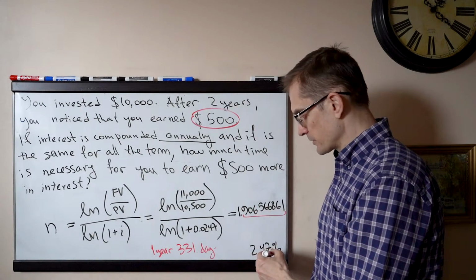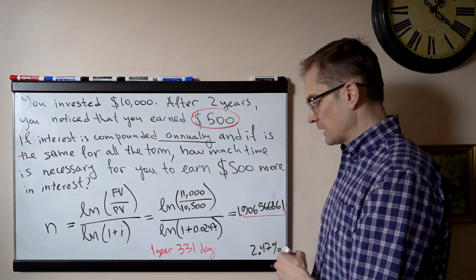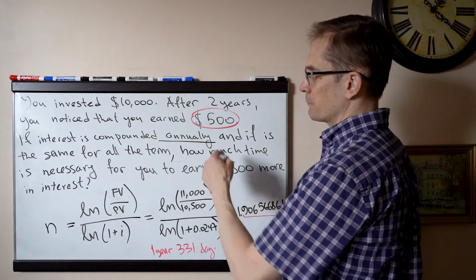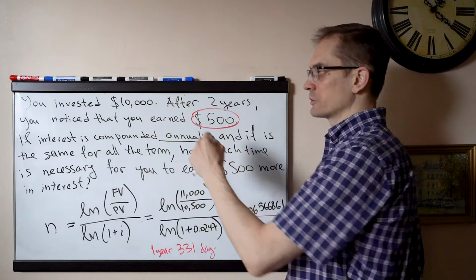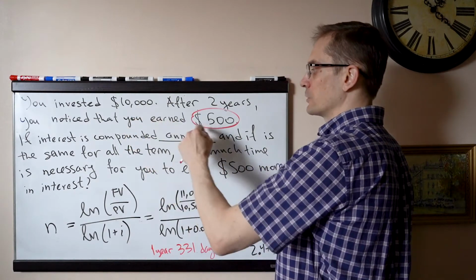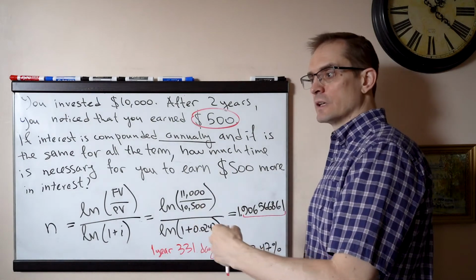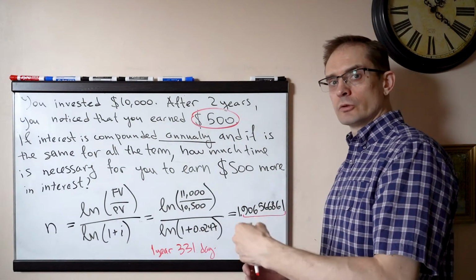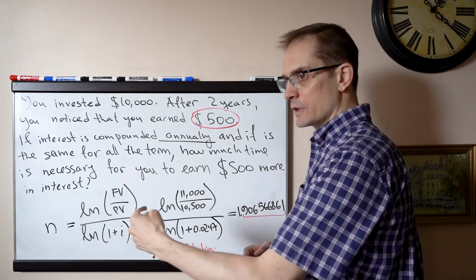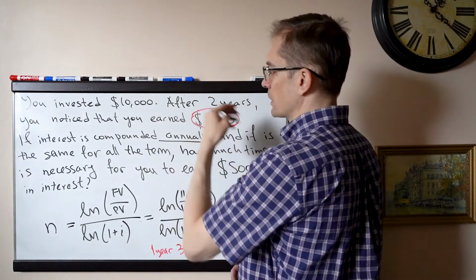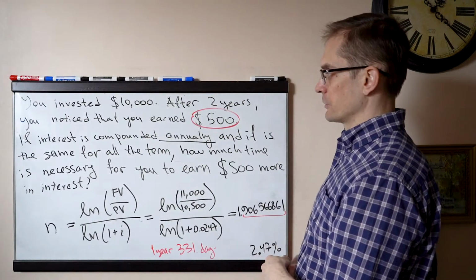We did round this rate, but the reality is it's because your present value actually changed, right? After the first 2 years, your present value became $500 more. So now you have that additional interest that helps you accumulate another $500 of interest quicker than it took you to accumulate the first $500 of interest, right?